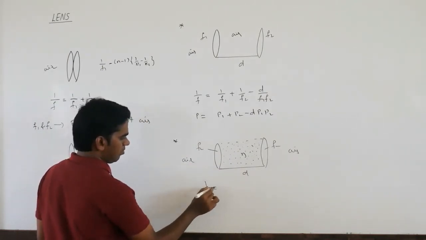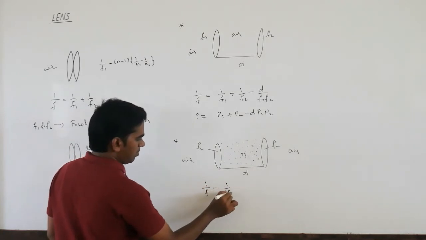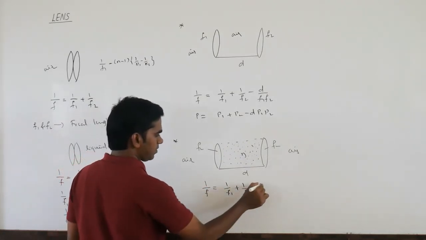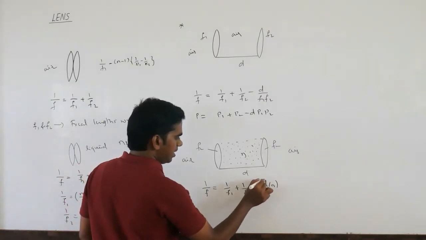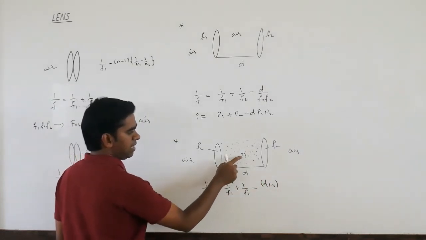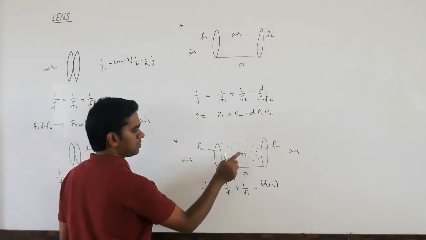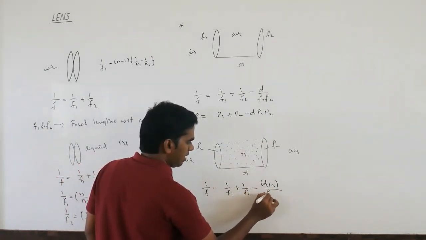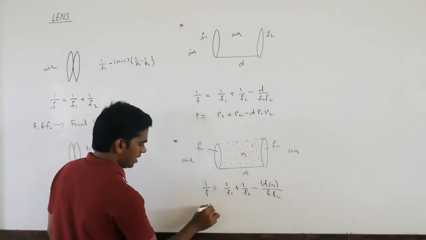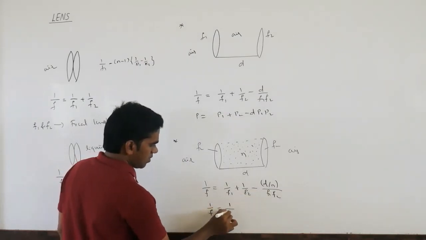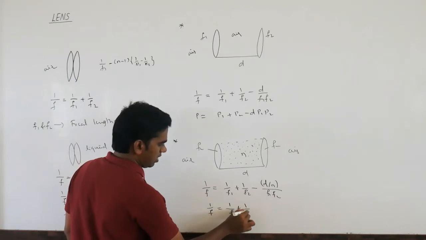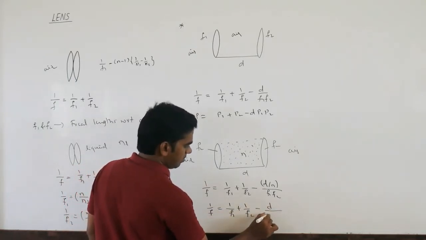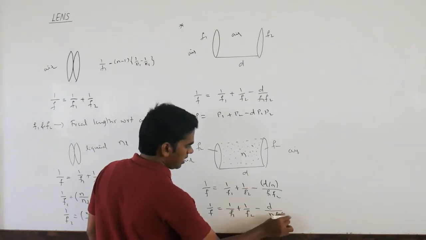So what can you write for the equivalent focal length? The equivalent focal length will become 1 by f equals 1 by f1 plus 1 by f2 minus d divided by n. n is the refractive index of the medium between these two lenses. Whole divided by f1 f2, or you can write 1 by f equals 1 by f1 plus 1 by f2 minus d divided by n into f1 f2.